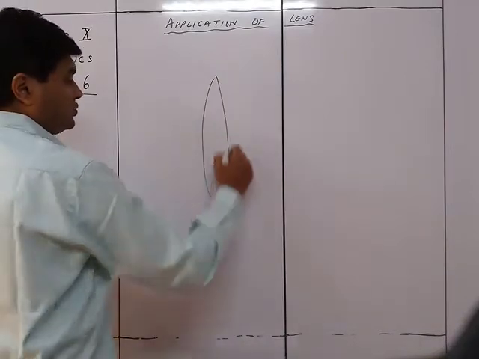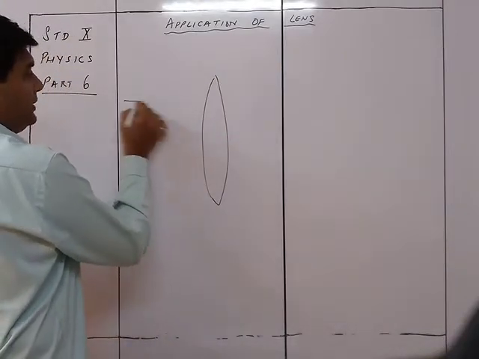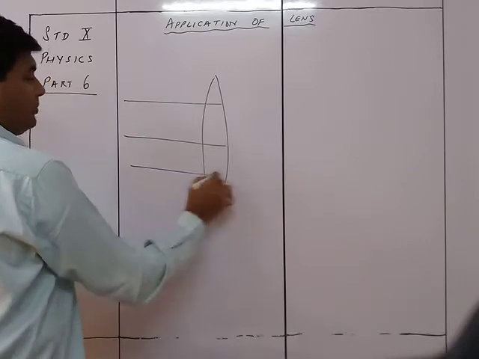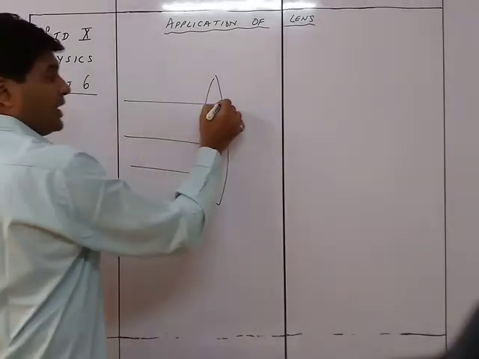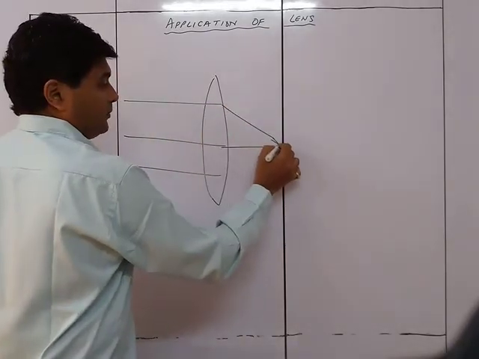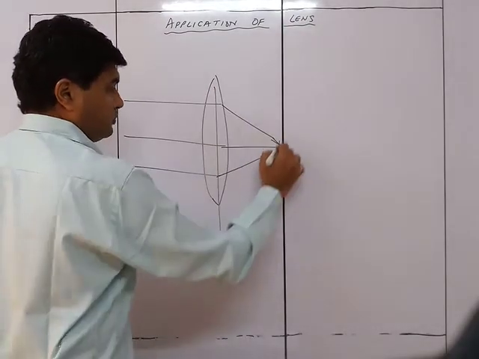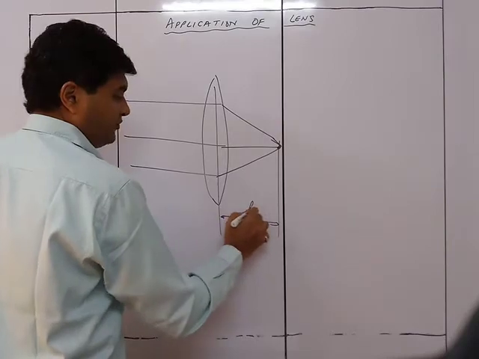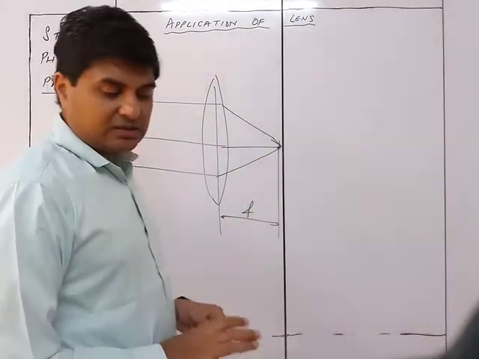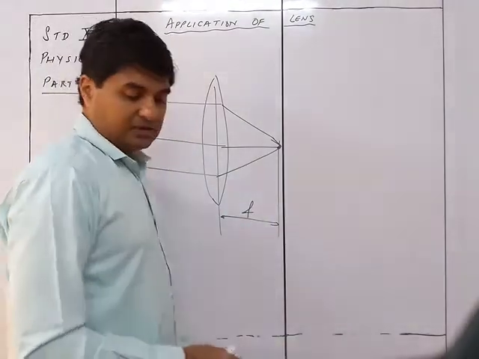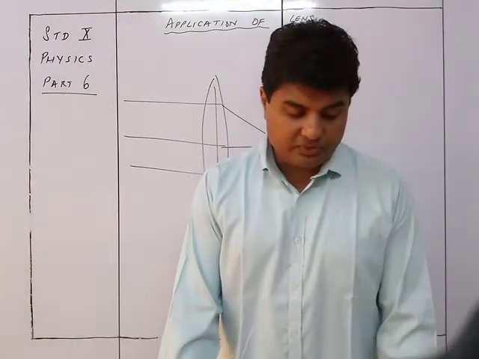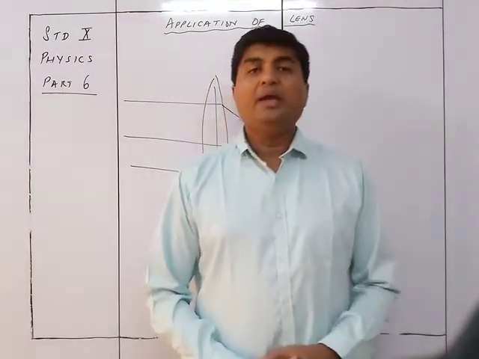This is the lens over here, and these are the rays of light coming from infinity. They are going to converge at a point over here, this particular point. So the distance from this point to this point is nothing but the focal length f.